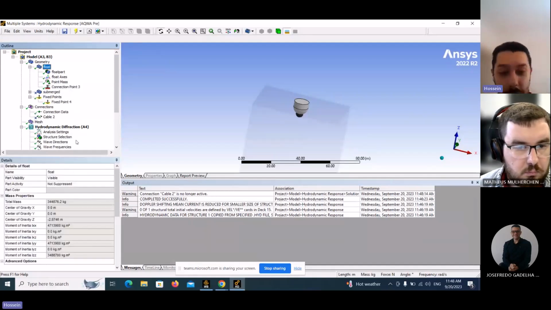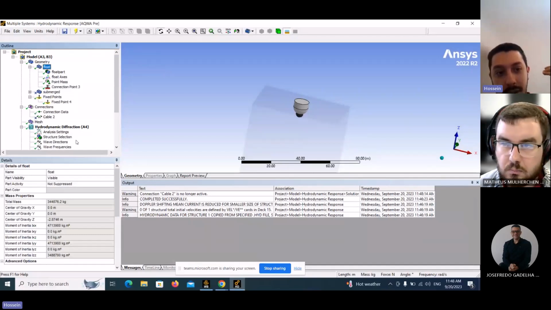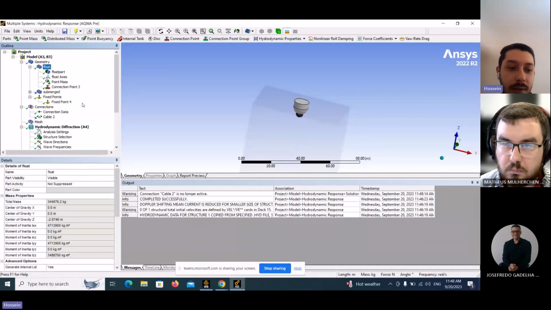For modeling the linear PTO on the ANSYS, that is the only way for modeling the PTO in ANSYS. I mean, if you want to model a hydraulic PTO, it may be so complex. You need to model it on the ANSYS Fluent or CFD and connect it to the ANSYS AQWA, and it may be so complex. But the only way is to model a linear PTO with just stiffness and damping coefficients.